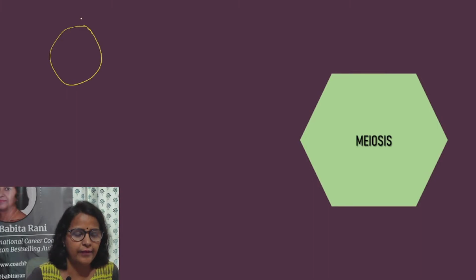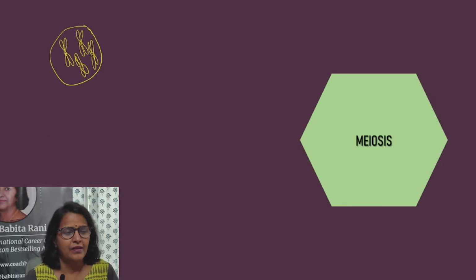Suppose this is a cell having 4 chromosomes, 1, 2, 3 and 4. So, if I show it with some other color, suppose this is green, this is also green, green, green.